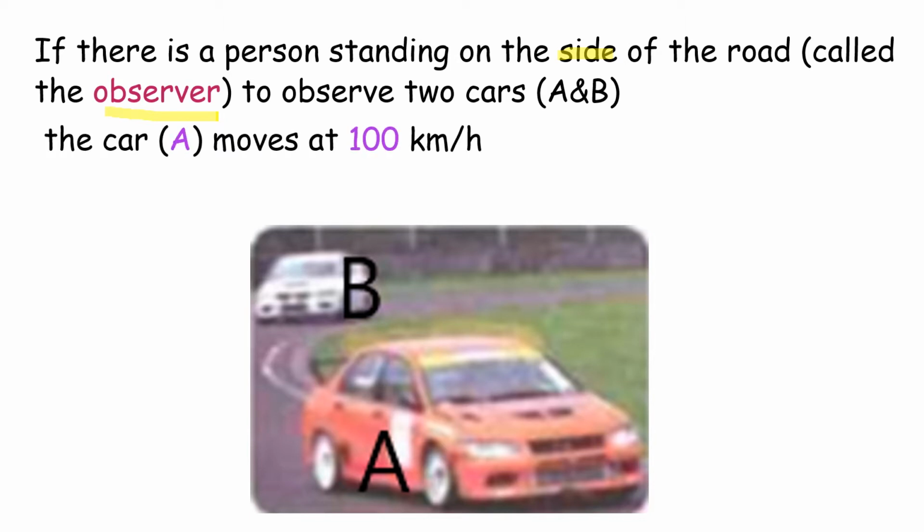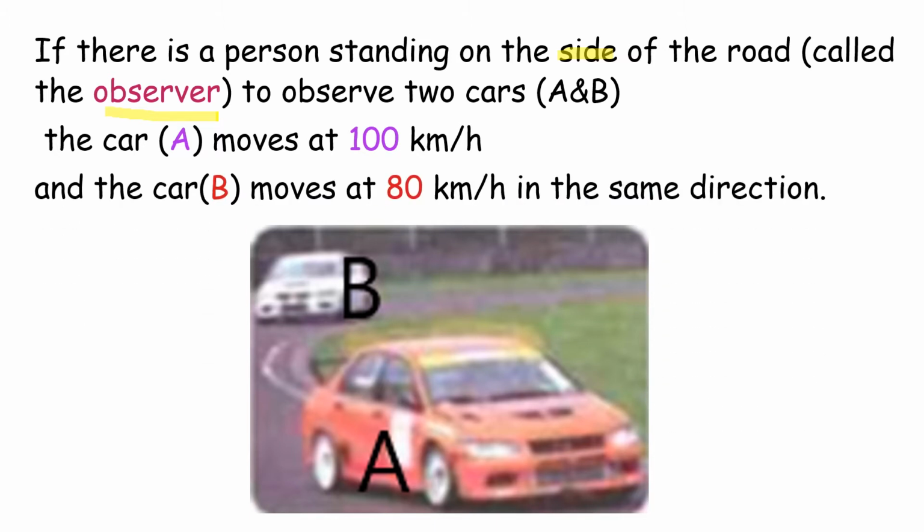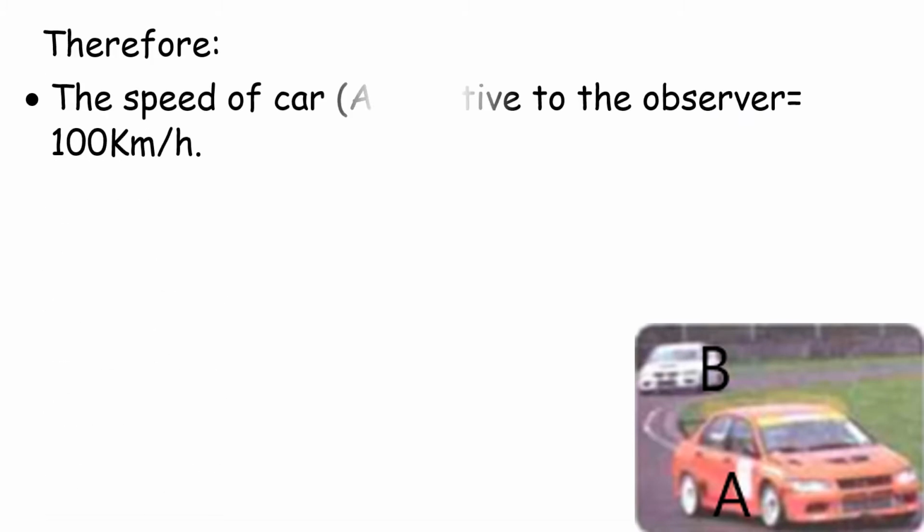The car A moves at 100 km per hour and the car B moves at 80 km per hour in the same direction. We should notice that we are dealing with two cars in the same direction. So, therefore, the speed of car A relative to the observer is 100 km per hour. We agreed that the observer's speed is 0, so he will measure the real speed of car A, 100 km per hour.